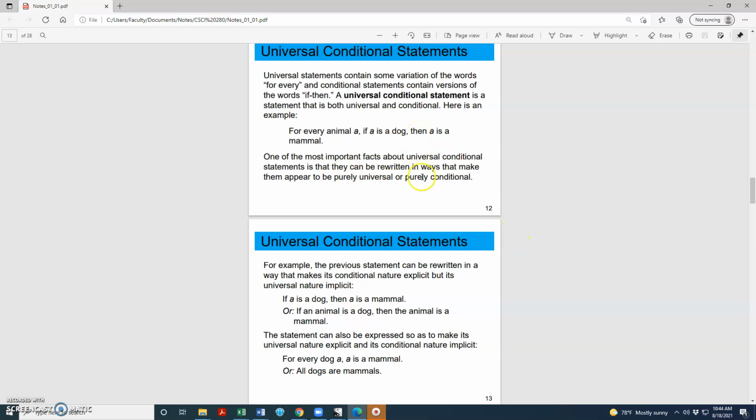For a problem like this, we know that mammals are animals, so this would be an example where we don't actually have to say "for every animal A," because it is inferred from the rest of what we have. But there might be problems where we do have to explicitly write out the "for every." Again, in this particular case, you don't necessarily have to write that.